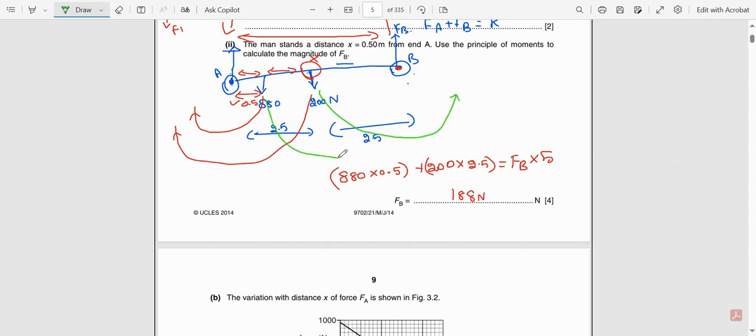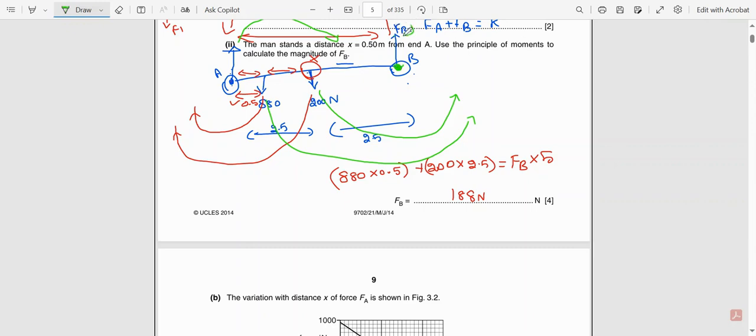Now two forces are in the anti-clockwise direction about that point, and this force will be in the clockwise direction. And this force we cannot take for a moment, because if you are considering that point, the distance is 0, so that moment will cancel here.